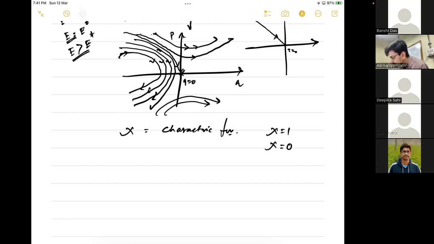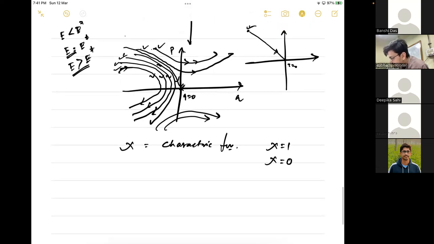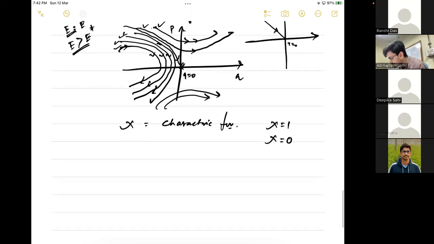So for this trajectory chi equal to 0, because those trajectories will not cross the barrier. But for all these trajectories, chi equal to 1, because these trajectories will cross the barrier, right?